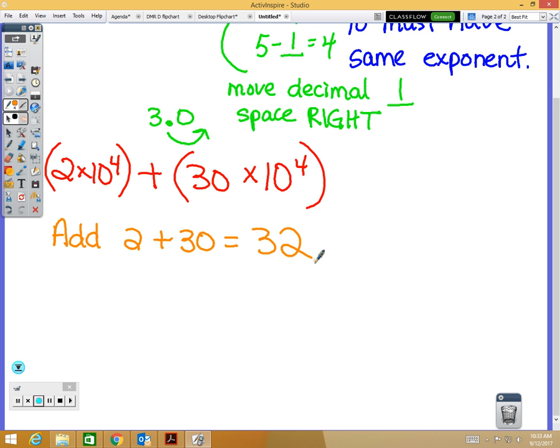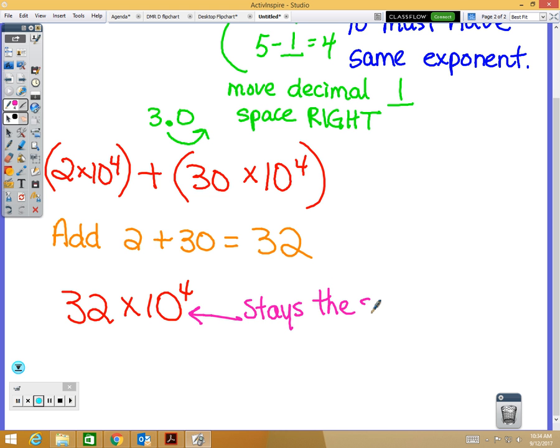Okay? So that would give me 32 times 10 to the 4th. I just keep that base, that power. It stays the same.